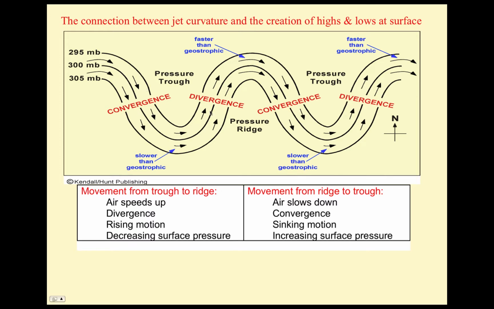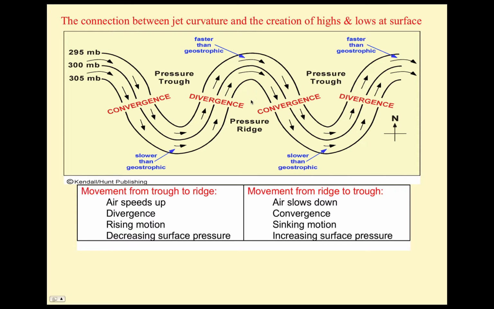So as it turns around low pressure, it must go slower than geostrophic winds would, from the arguments I made last slide. As it goes over a high pressure ridge, and this is what a high pressure ridge looks like in the upper atmosphere, again, relatively high pressure here, if you follow these isobars, you'd be greater than 305 millibars in this area, and anywhere you go in any direction, you'd be decreasing your pressure.